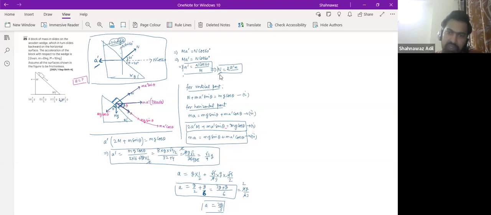So this was the crucial point, and then we apply this pseudo force in here. We are only considering the block's mass, so every mass is small m in here.